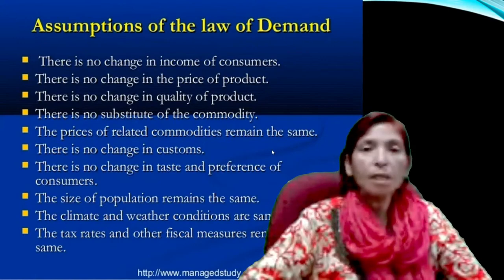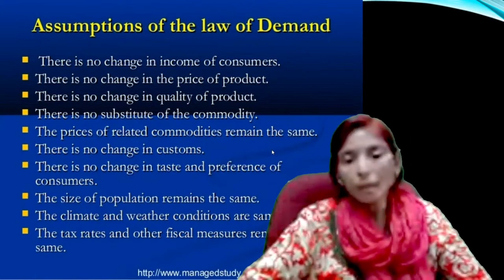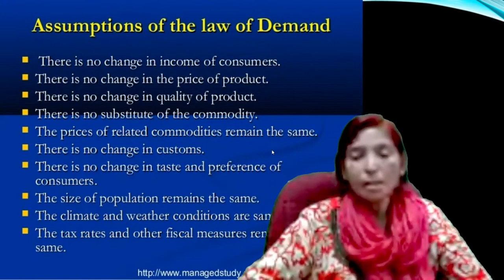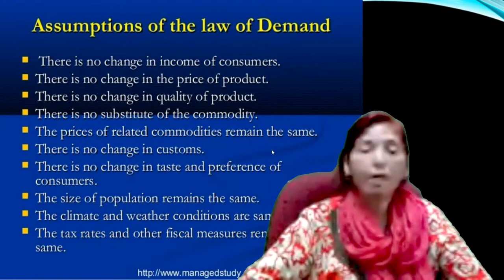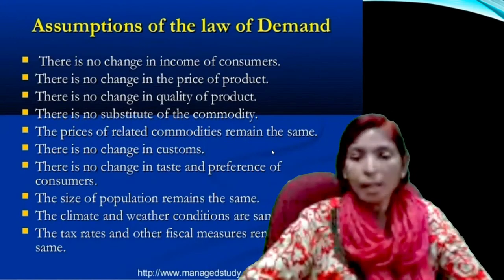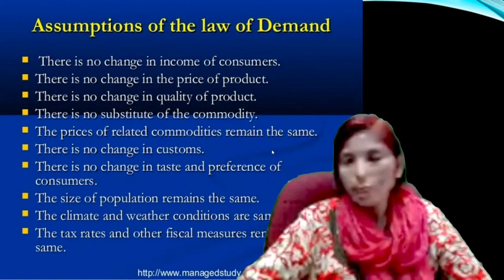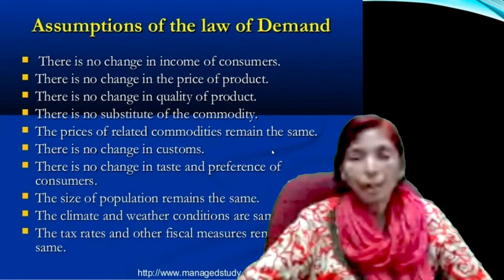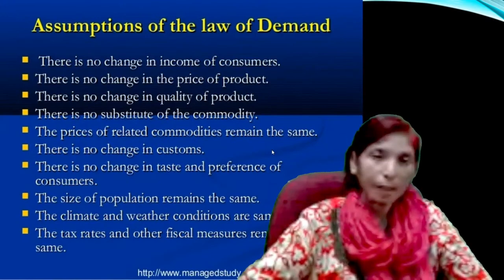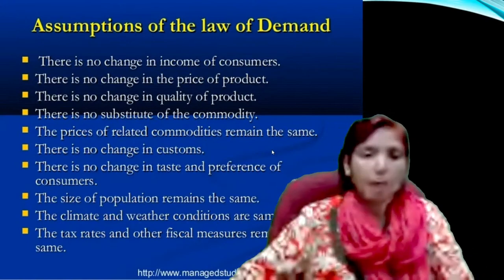There is no change in customs of the people. There is no change in size of population in a country. There is no change in weather and climate conditions of the country. And if there is no change in fiscal measures, fiscal policy and tax rate, then this law of demand will be applicable. So these are the assumptions of the law of demand.